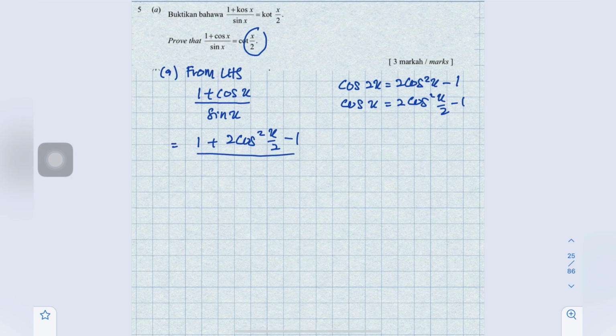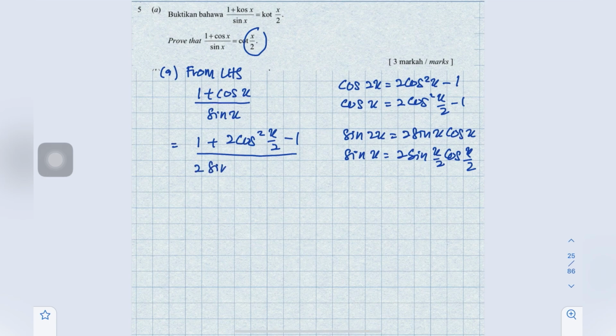For sin x, we have sin 2x is 2 sin x cos x. So sin x is 2 sin (x over 2) cos (x over 2).